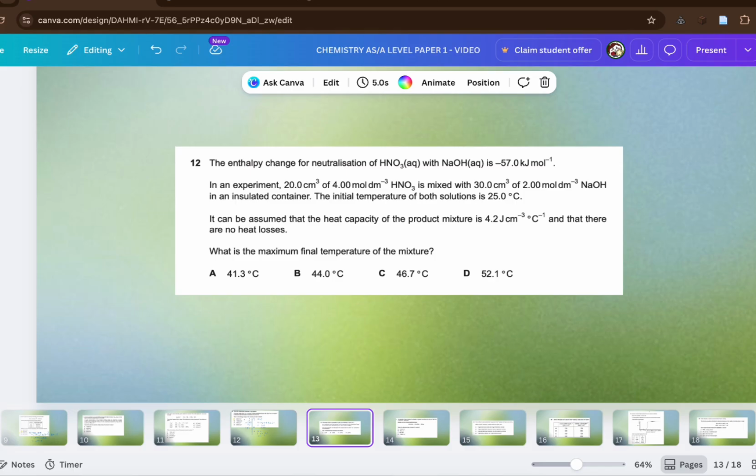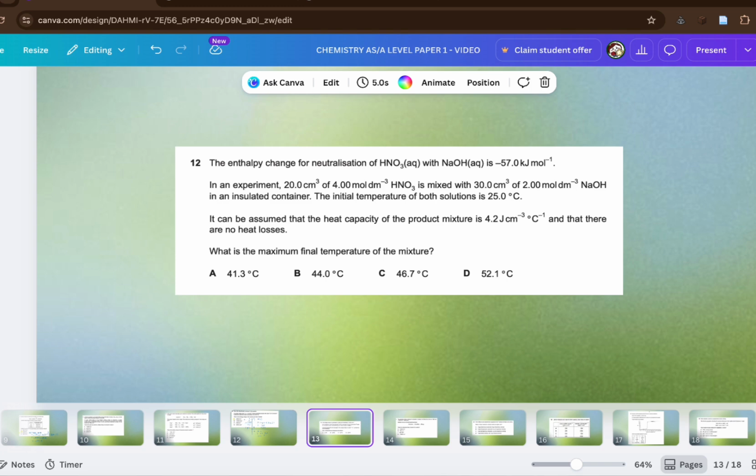The initial temperature is 25 degrees Celsius. It can be assumed that the heat capacity of the product mixture is 4.2 joules per cubic centimeter per Celsius, and that there are no heat losses. What is the maximum final temperature of the mixture?